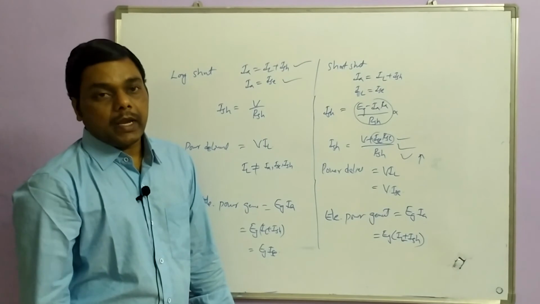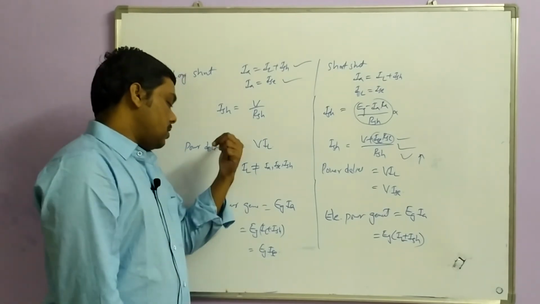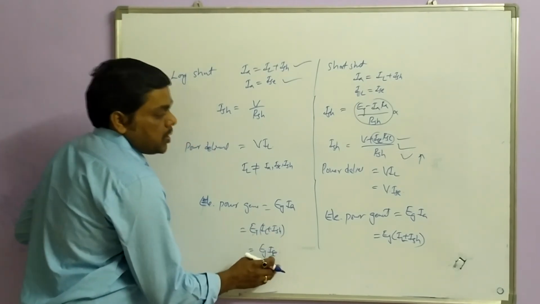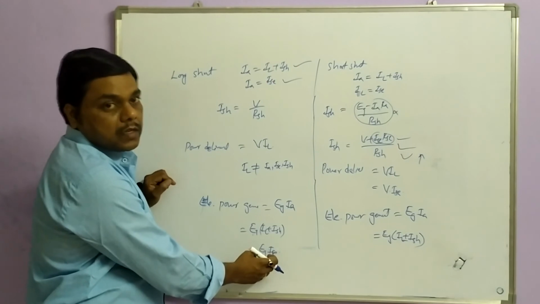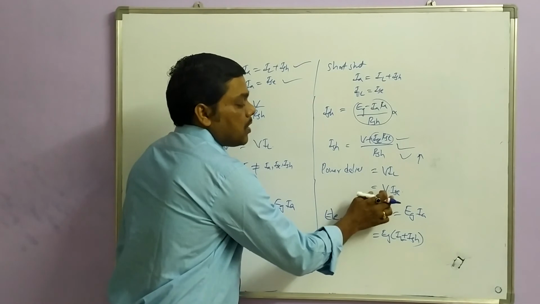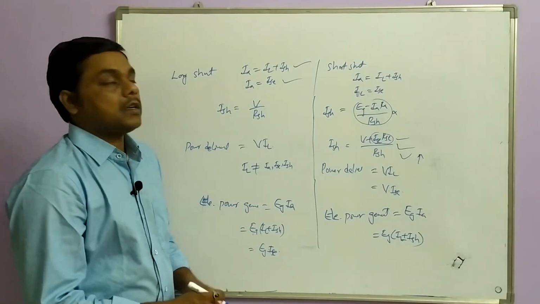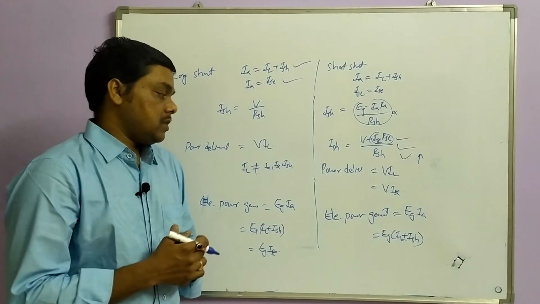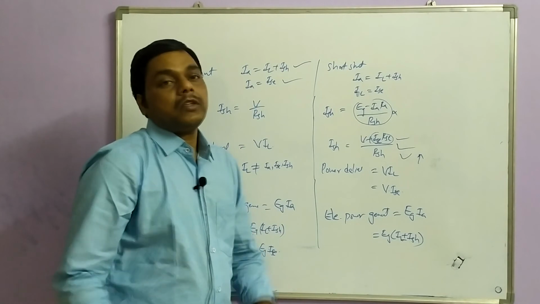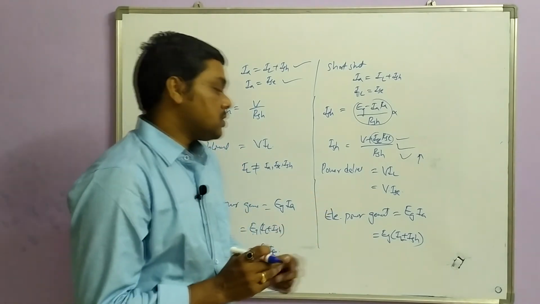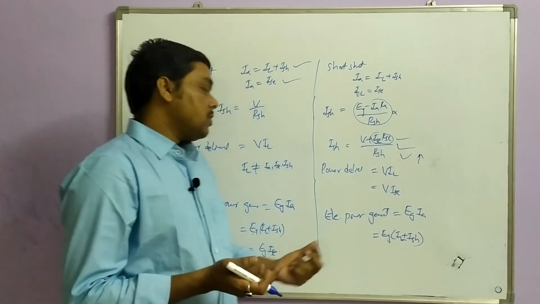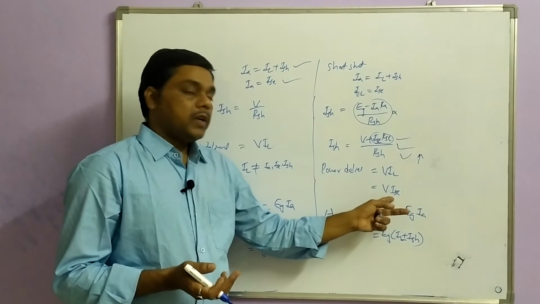Now this long shunt compound generator gives the power generated depending upon series winding resistance and series current, whereas power delivered depends upon series winding resistance and series current in short shunt compound generator. If you go for electrical power generated Eg into (IL plus ISH), there is no series current, so series current may not affect this power generated actually, whereas power delivered will be affected by it.